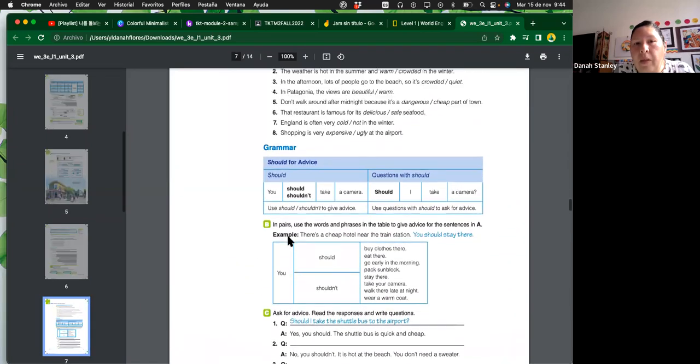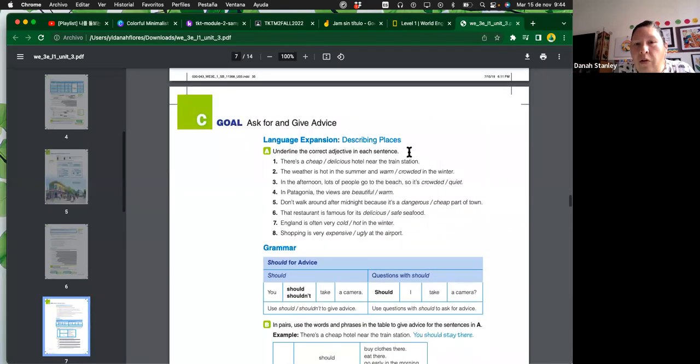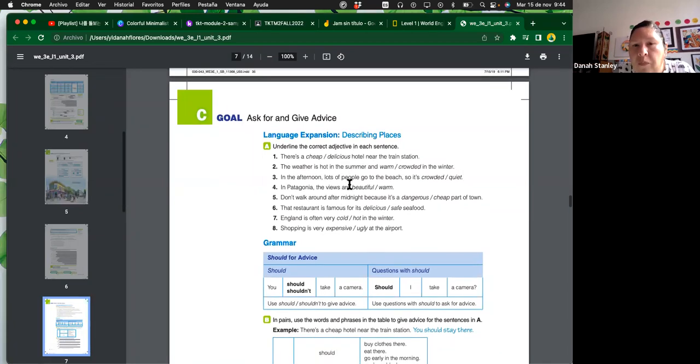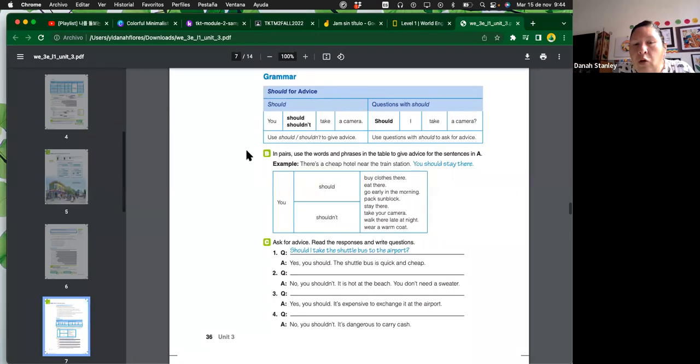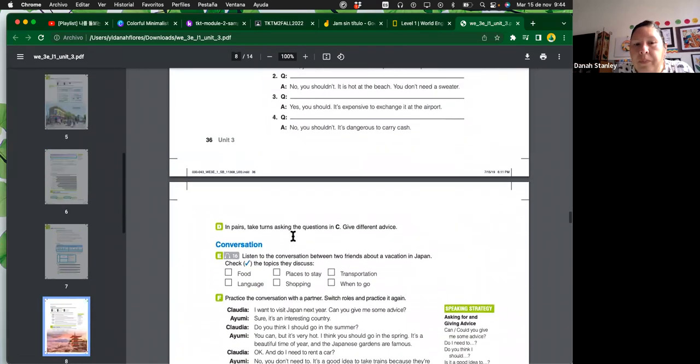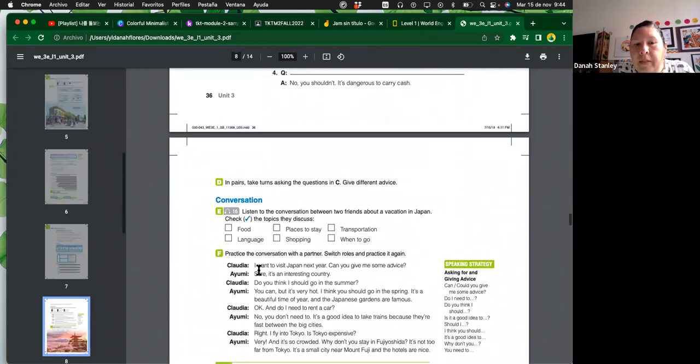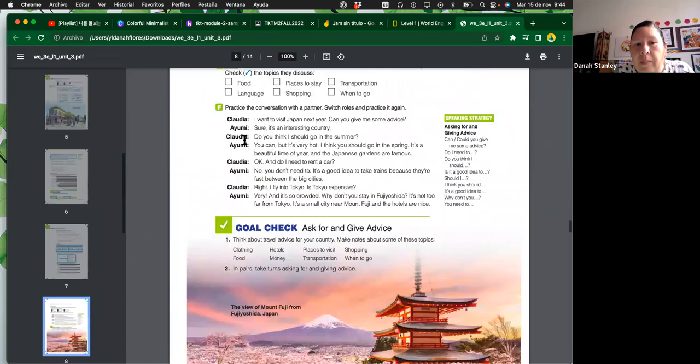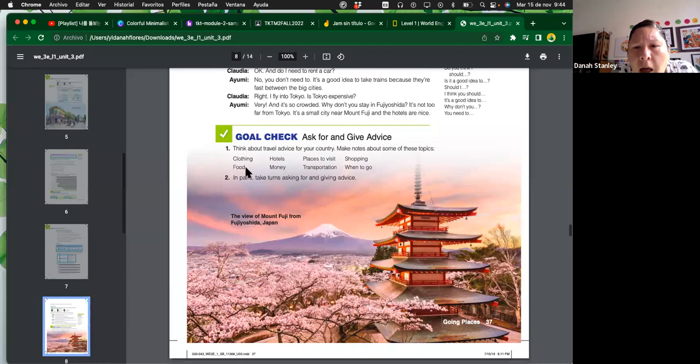In here, you have the introduction, which is the description of places, should, practice, es más, aquí dice practice, and production, that is a piece of writing because he's making notes.